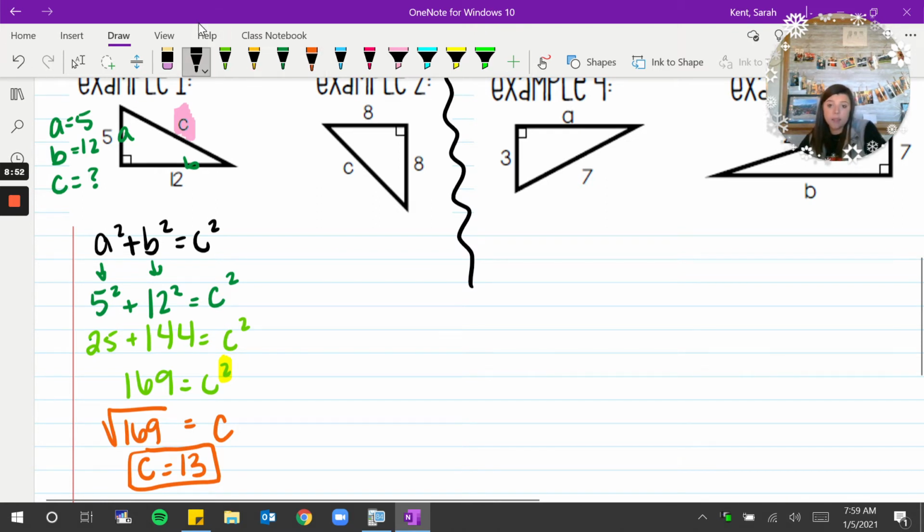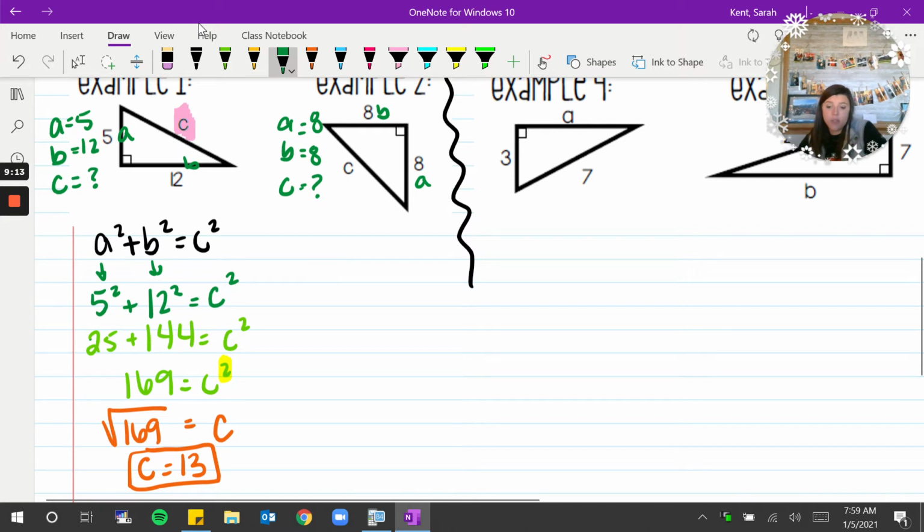Another way is if we look at example 2. Let's again start by labeling what A, B, and C are. A, I could put that A is the side and B is the top. So A would be 8, B would be 8, and C is my question mark.